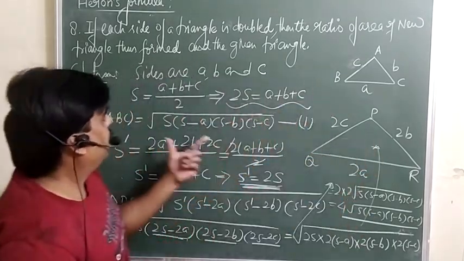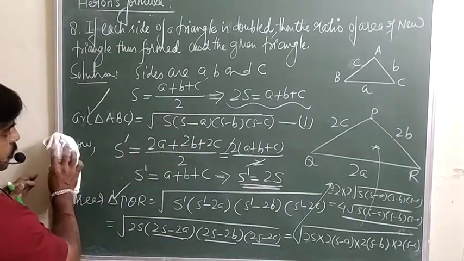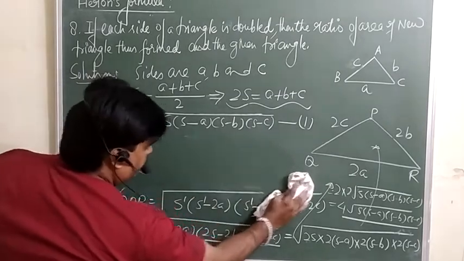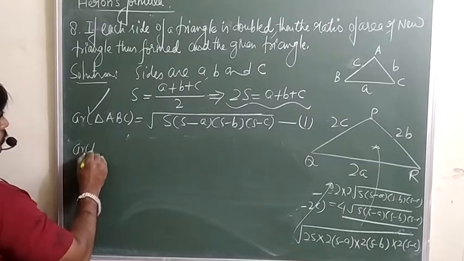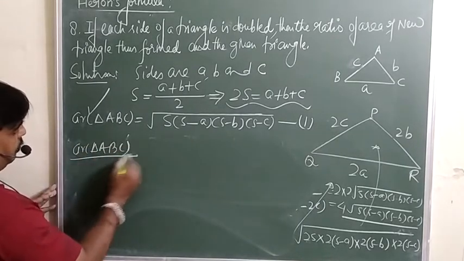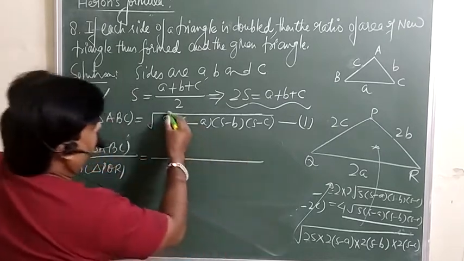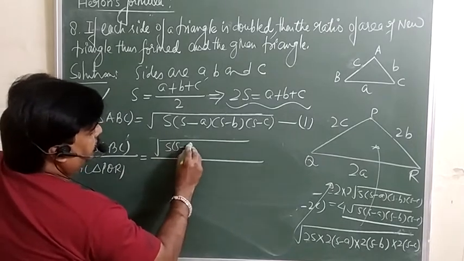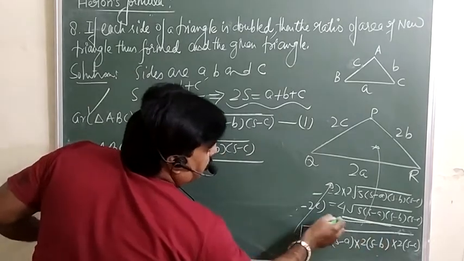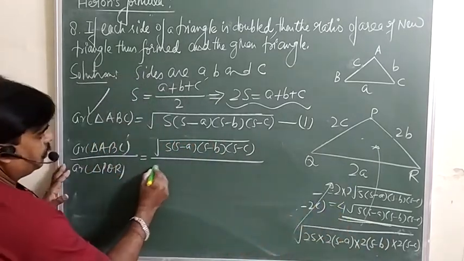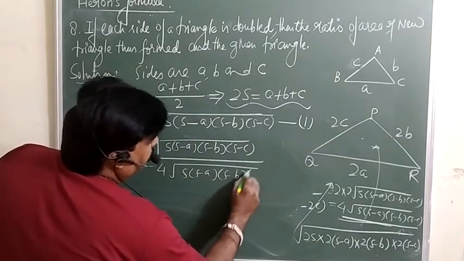Now you can take the ratio of this and this one. So area of triangle ABC over area of triangle PQR. Area of triangle ABC is the square root of S, S minus A, S minus B, S minus C, and the area of triangle PQR is 2 times the same square root.